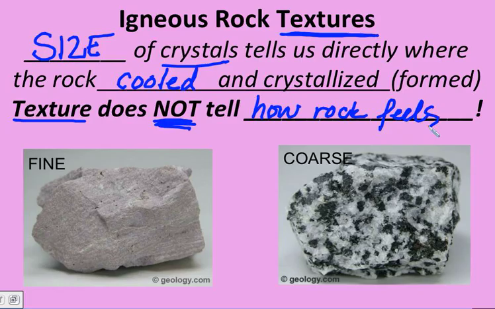And so we see two opposite ends of the grain spectrum here. Here is my fine-grained, small, and my coarse-grained, large. And just looking at it, we can see the coarse grains over here, right? These are the large grains. I can see the different pieces of the rock, the different minerals that are present.